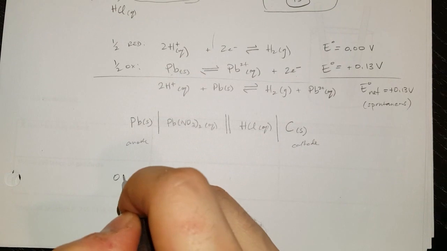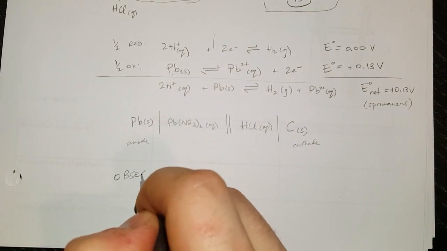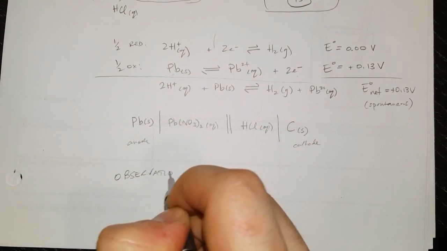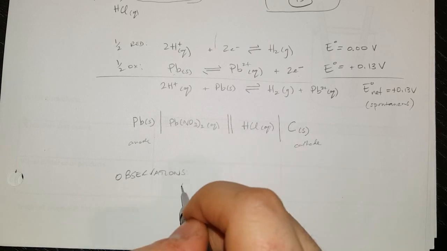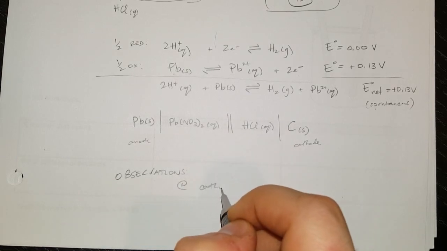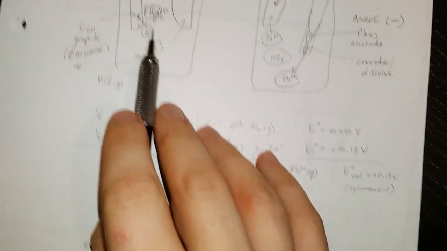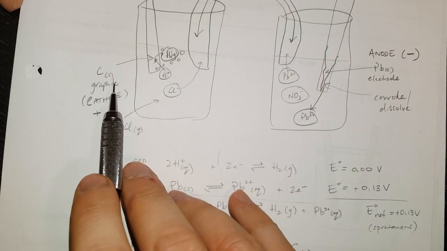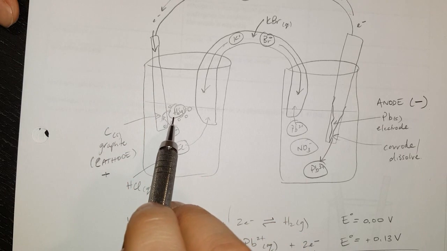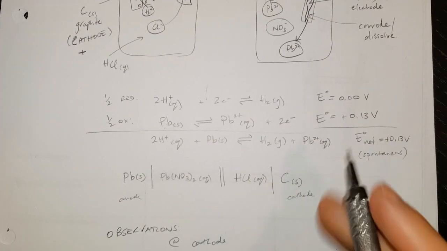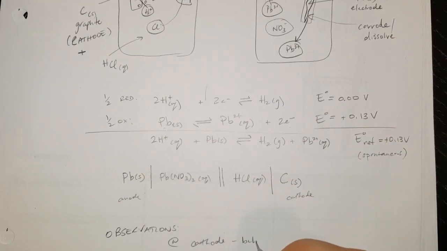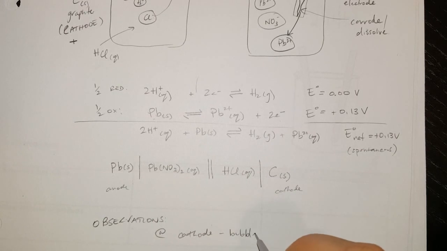What are the observations that I'm going to see? Okay, so the observations I'm going to see is at the cathode, what will I see? Well, my H+ ions are going onto the graphite electrode to pick up those electrons, and they're forming H2 gas. So I'm going to see bubbles forming.